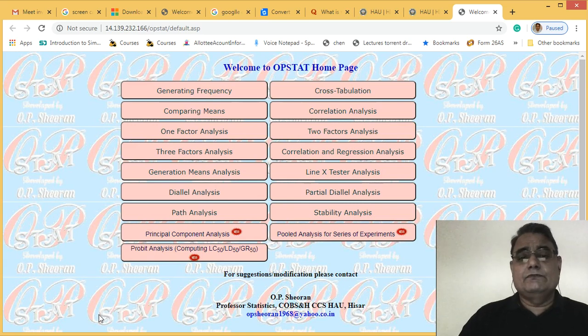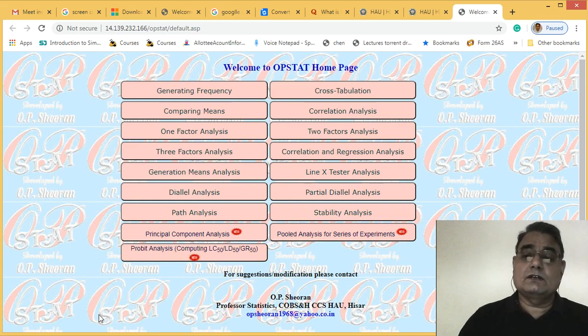So in 1-factor analysis, simple CRD, completely randomized design, or one-way ANOVA, and RBD, randomized complete block design, are included. These are very simple, data entry is very simple, and you can find out the treatment means as well as the critical differences, from which you can check which treatment means differ significantly from some other mean.